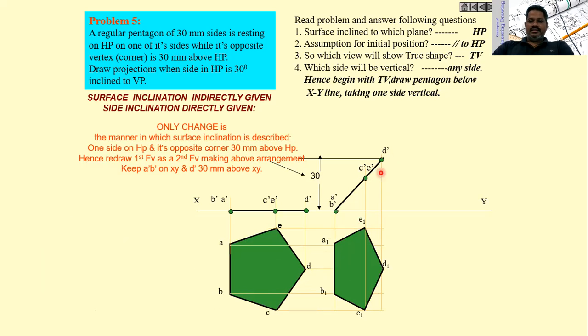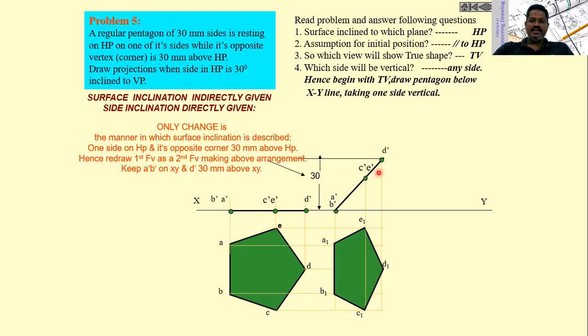The difference between the previous problem and this problem is that in the previous problem, the pentagon was making an angle of 45 degrees with the horizontal. But in this case, one end of the pentagon is at a height of 30 mm from the horizontal plane. That is what is given.